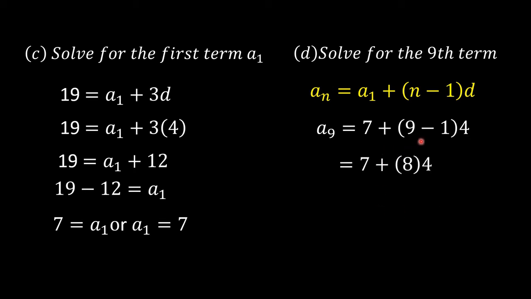So this is 7 plus 9 minus 1 is 8, then times 4. So 8 times 4 is 32, and then 7 plus 32 is equal to 39. So the ninth term is 39.